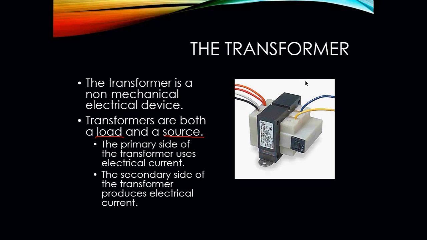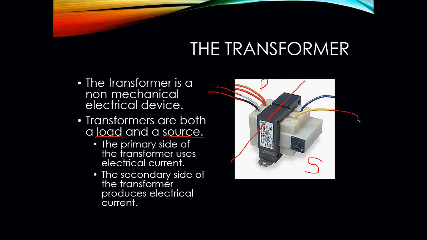Over here, if we were to draw a line right down the center of this transformer, these wires over here would be representing our primary side. This is where power would be coming in to our transformer. This other side would be our secondary side of our transformer.